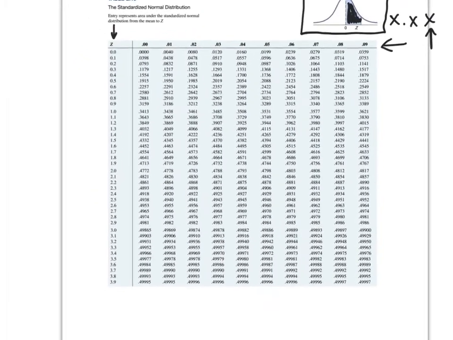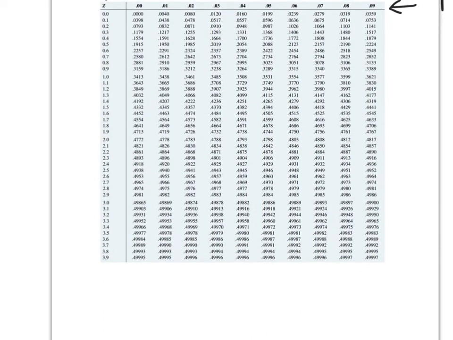So if I'm looking up, let me draw a picture. Let's say I want to know the probability between 0 and 1.28. You first look down that first column for 1.2, and that will put you here.